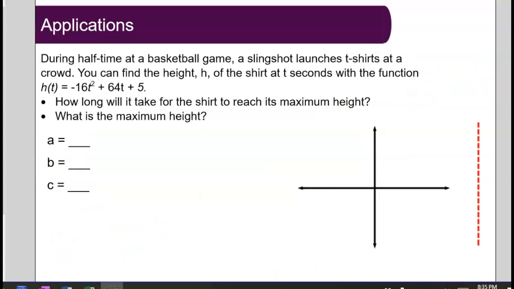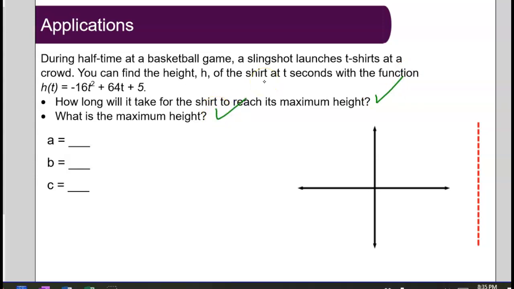See if you can apply what you know. During halftime at a basketball game, a slingshot launches t-shirts at a crowd. You can find the height, h, of the shirt at t seconds with this function, negative 16t squared plus 64t plus 5. You want to figure out how long it will take for the shirt to reach its maximum height, and what is the maximum height.